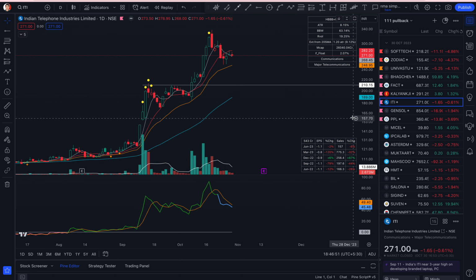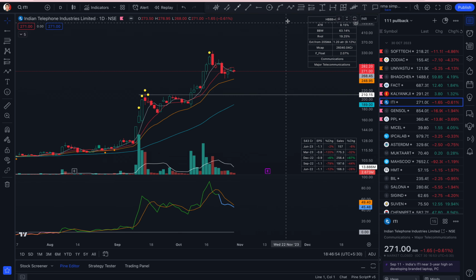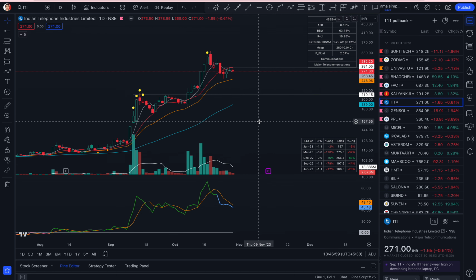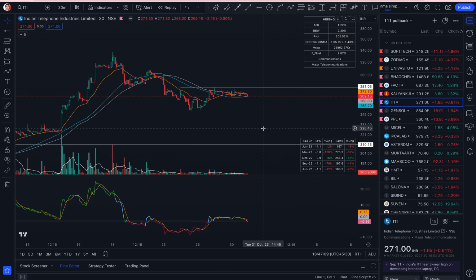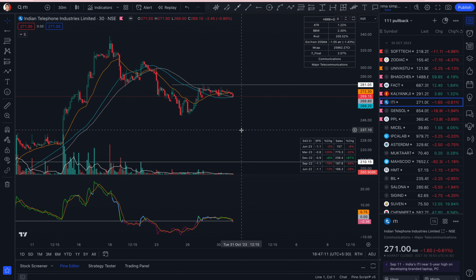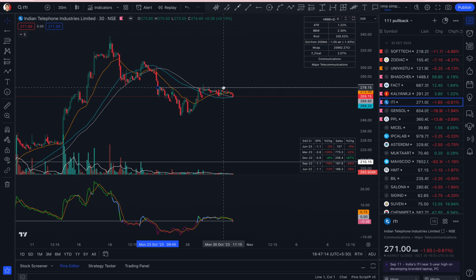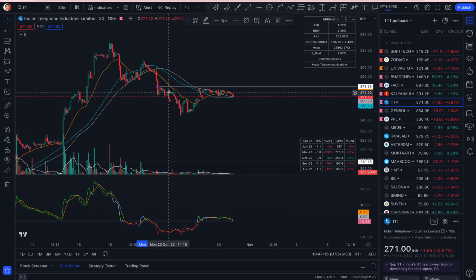ITI, this is another name which is a very nice pullback setup, right? So any close above that, and again, like how I showed you my entry in Mapma India, you can go to a smaller time frame, which is 30-minute for me, because I like that time frame, and hunt for a reversal, so lower highs, lower lows to fresh new highs, which is a higher high, right?